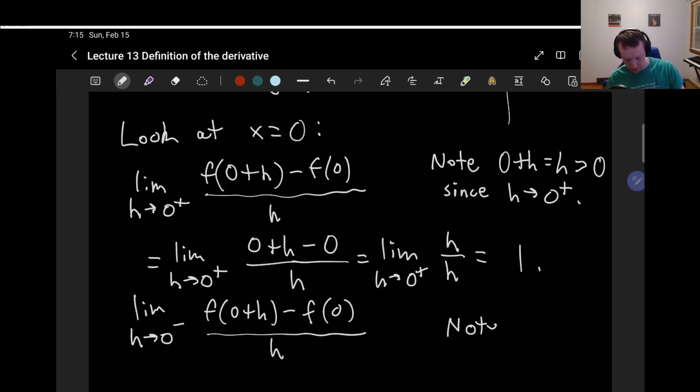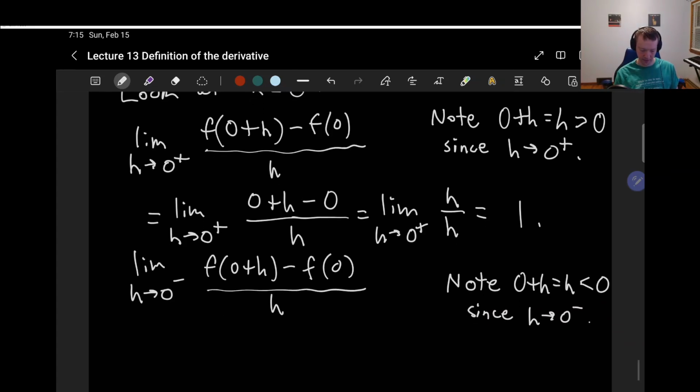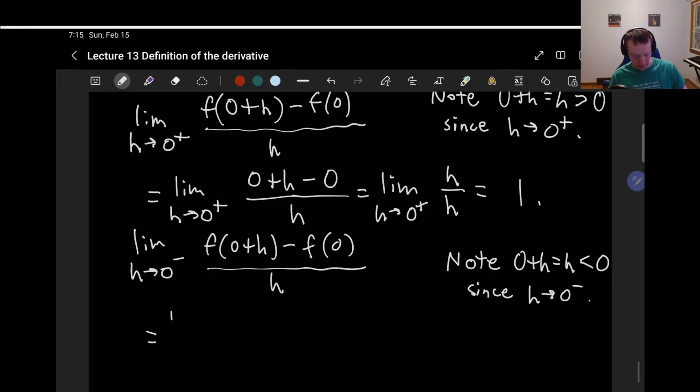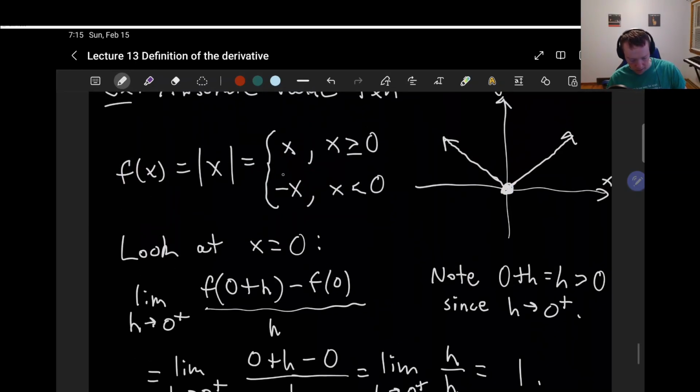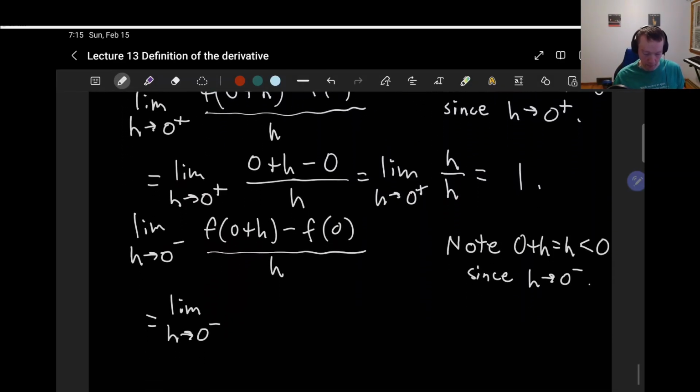So note that 0 plus h, which is h, is less than 0 since we're approaching 0 from the left side. This is important because it means when I plug in 0 plus h into f, that's a negative number. So we take the negative of that negative to make it positive.